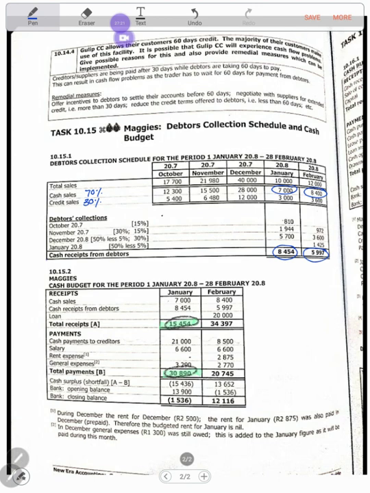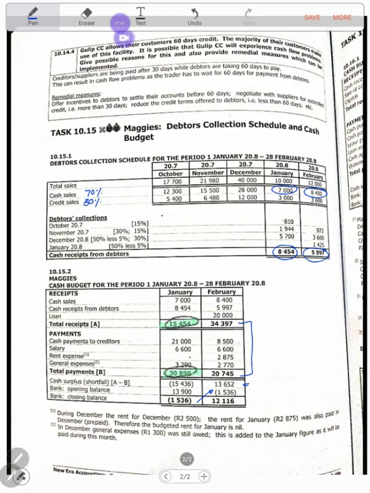So yes, we have a negative closing bank balance. And remember, your closing balance of the month of January will be the opening balance in the month of February. And that's where we got that. How did I get my cash surplus? I took my total receipts and subtracted my total payments, and it gave me a cash surplus of 13,652 Rand.